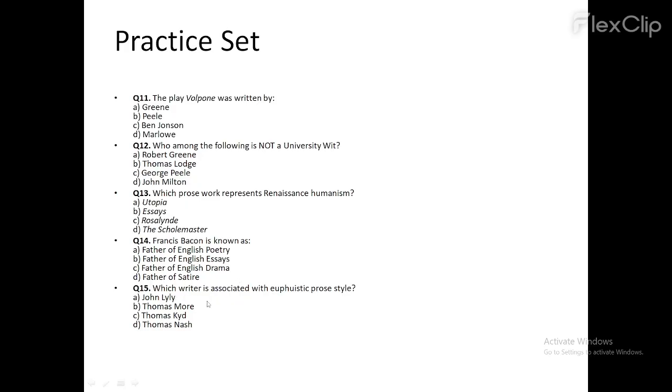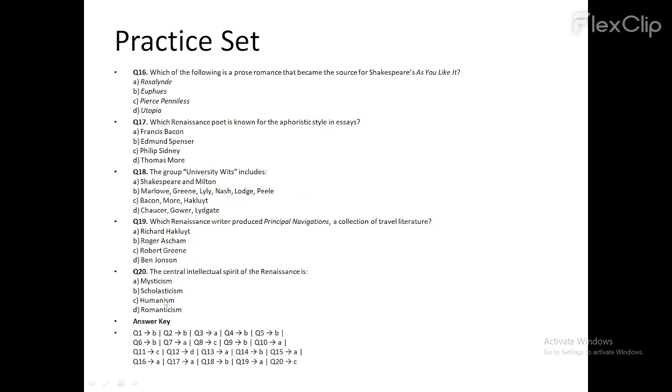Which writer is associated with euphemistic prose style? It's John Lyly. Question number 16. Which of the following is a prose romance that became the source of Shakespeare's As You Like It? Obviously, Rosalind. Which Renaissance poet is known for the aphoristic style in essay? It's Francis Bacon.